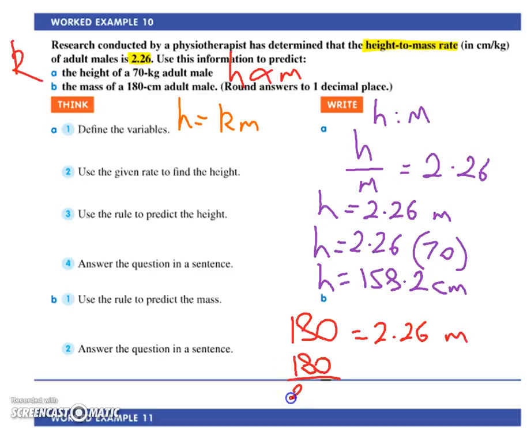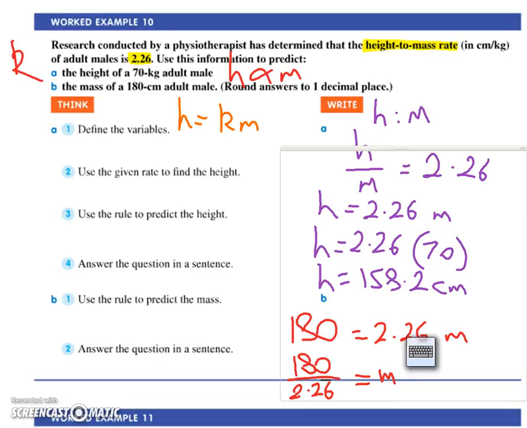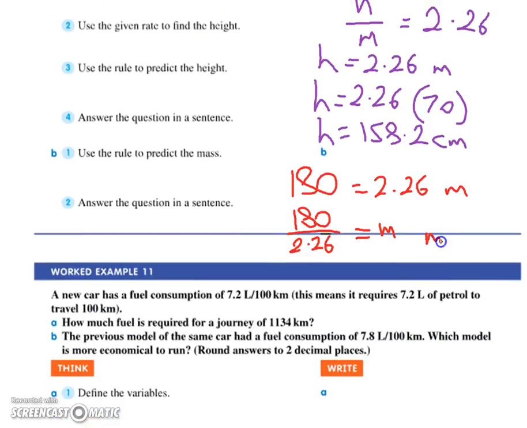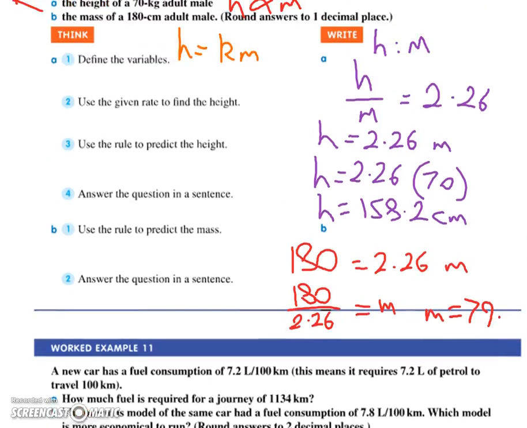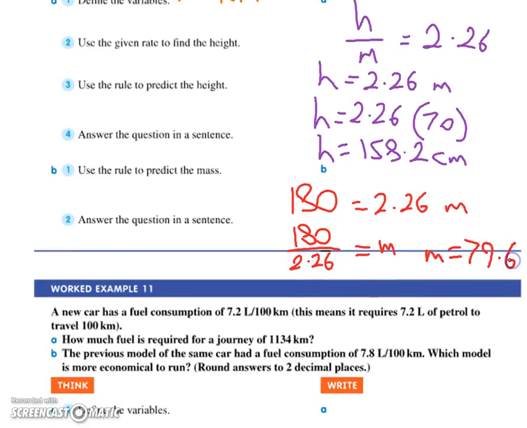So 180 over 2.26 equals M. It did say 1 decimal place. Everyone happy with that?